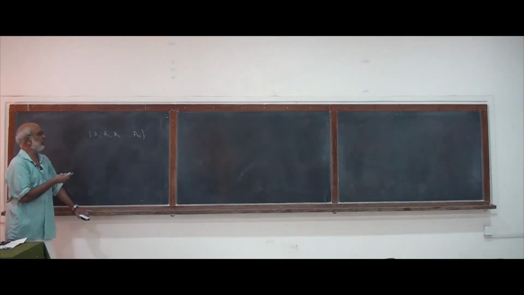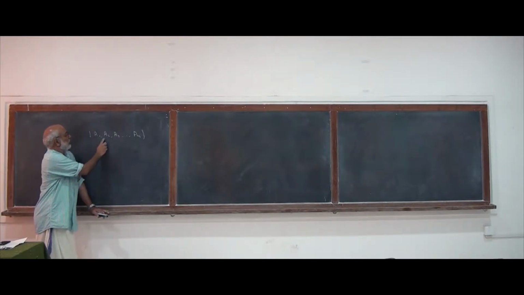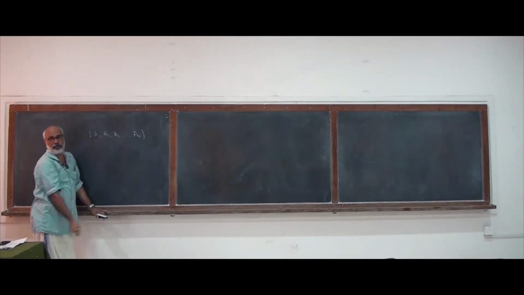This is notation. Here this is actually a collection of sets, but we are writing this collection by using the index, and the indices used are 1, 2, 3 etc. up to a particular number.